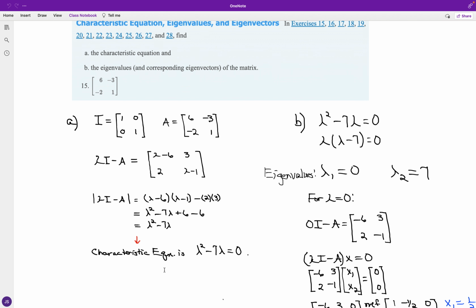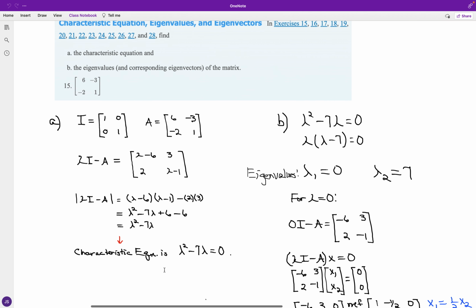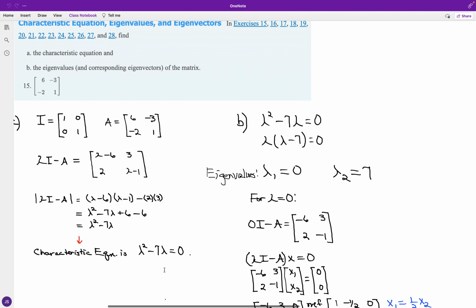From this resulting determinant, we can say that the characteristic equation is lambda squared minus 7 lambda equal to 0.